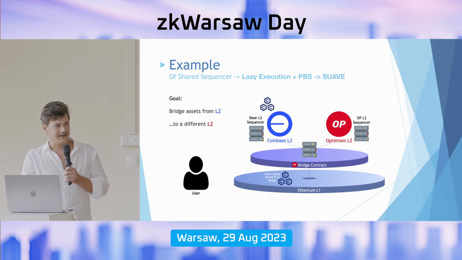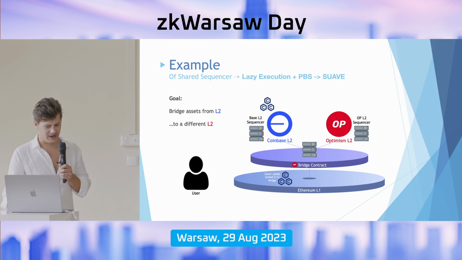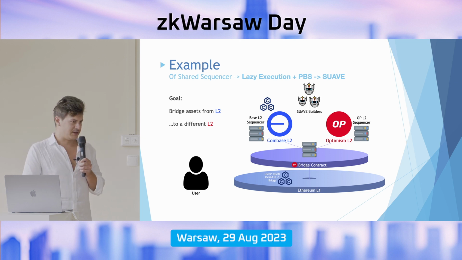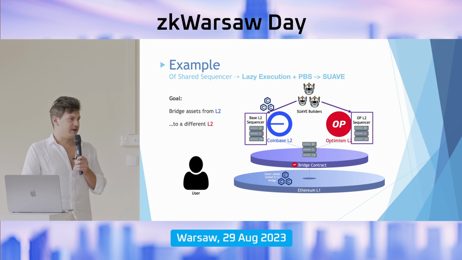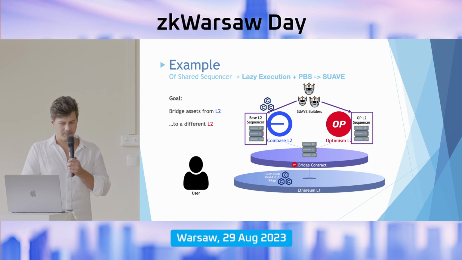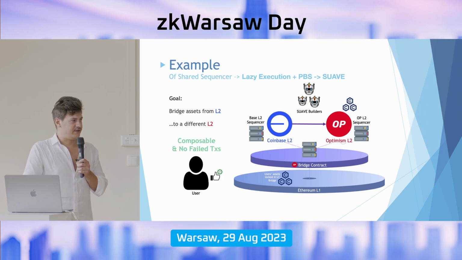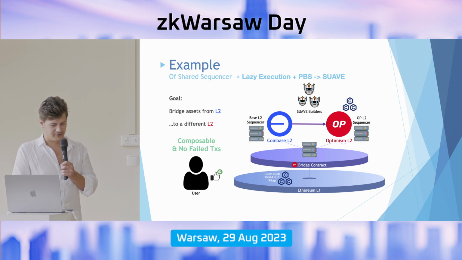So then we can add in a sort of proposer-builder separation with, for example, Suave, right? And now you have a bunch of Suave builders. They run sequencers for each of the nodes that they want to have interoperability with, right? And now, because they know the state of each chain, they can actually guarantee you that that transaction will execute on both sides and it is included at the right time.